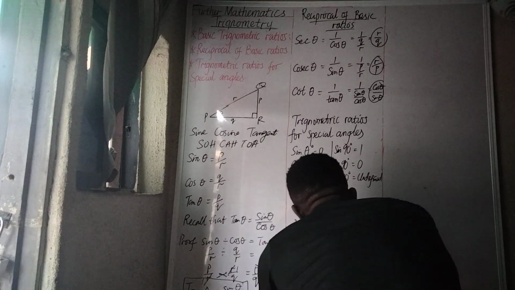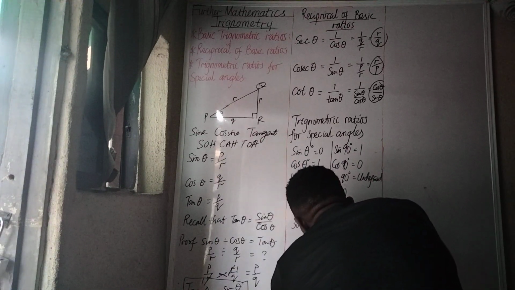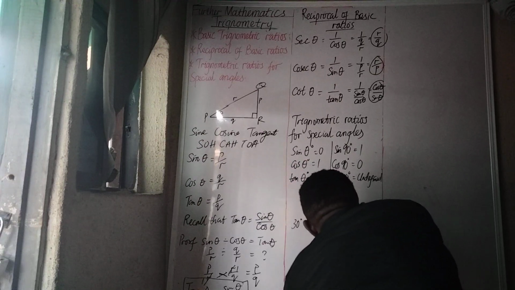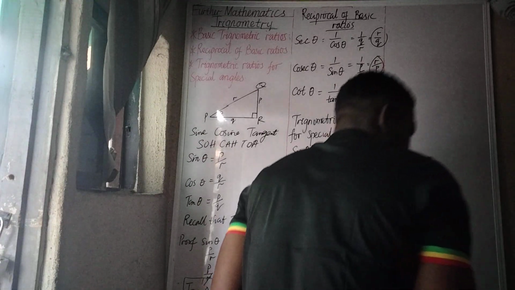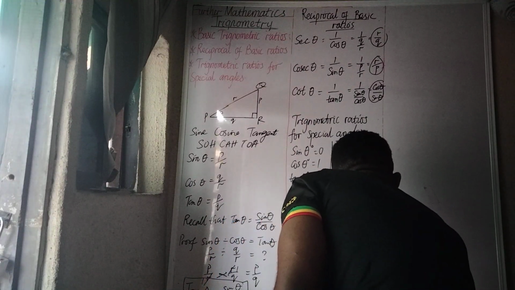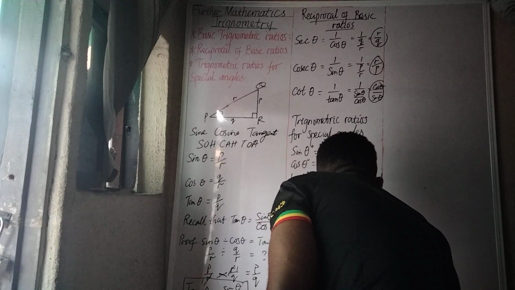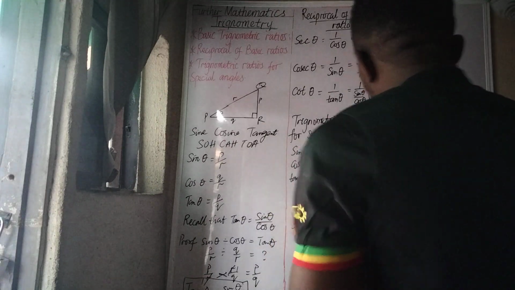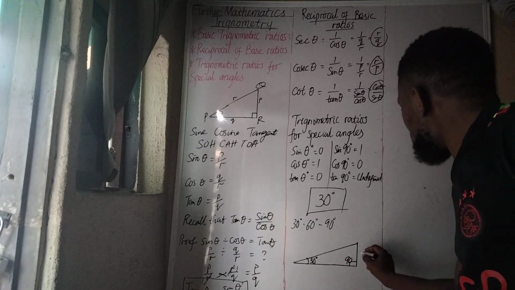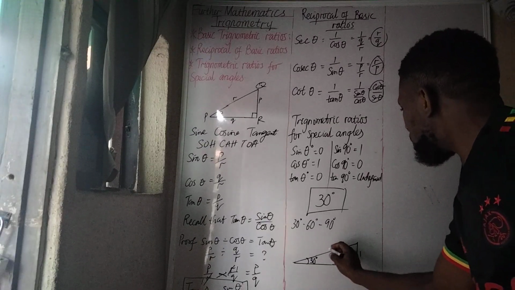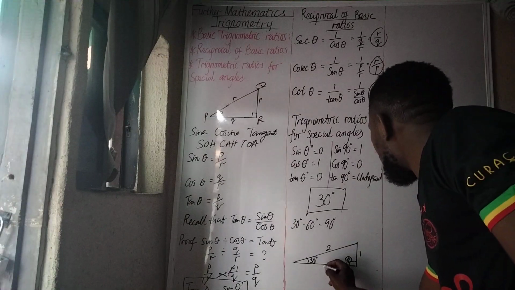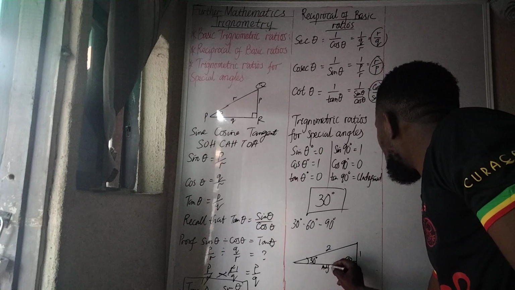So here is our 90 degrees. Here is our 30 degrees. If you look at it, the sides are not equal at all. So this opposite will target 1, this longest will target 2. The remaining side, the adjacent, we don't know.